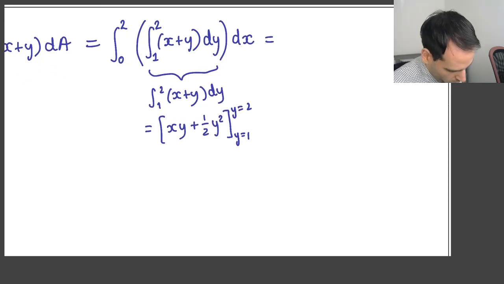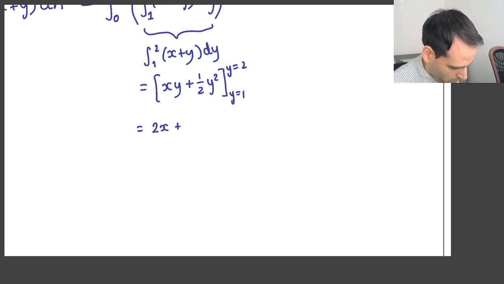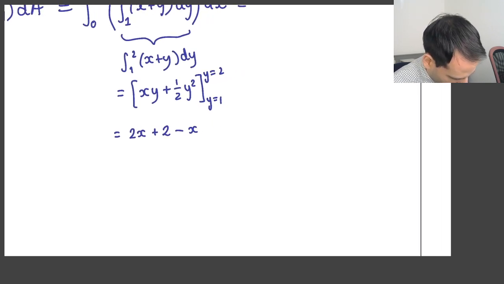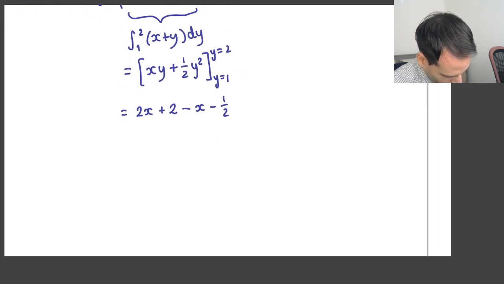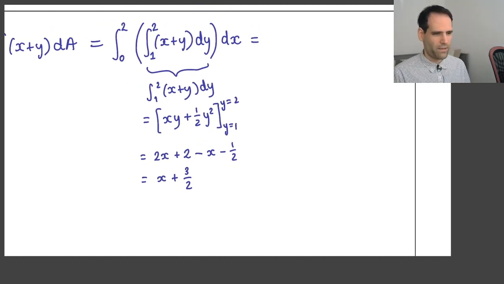Okay, which gives me 2x plus 1/2 times 4, that's 2, then minus x and minus 1/2. So this is equal to x plus 3/2. Okay, so that's the integral along y.